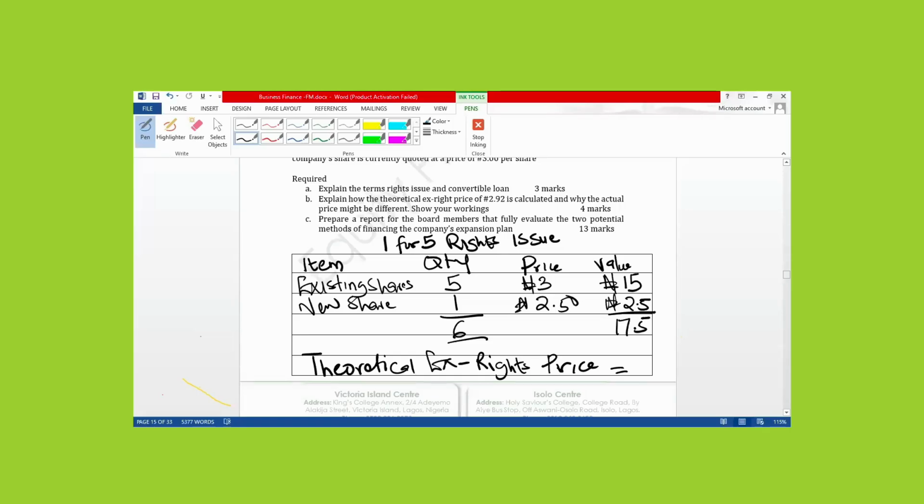What are the risks involved if I finance my business with convertible loan? When writing this report, pour out all you know. These 13 marks, whatever you know, in as much as you have time, pour it out.